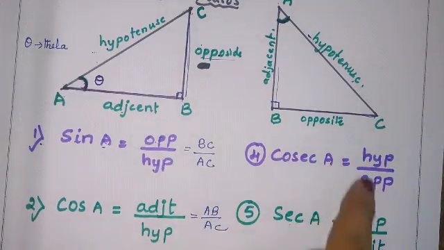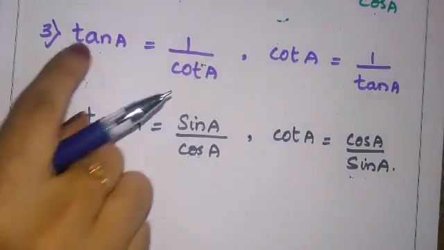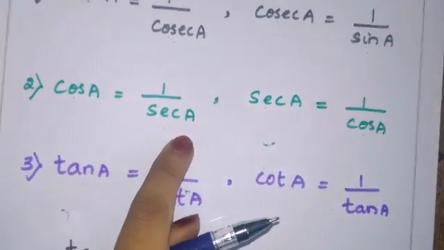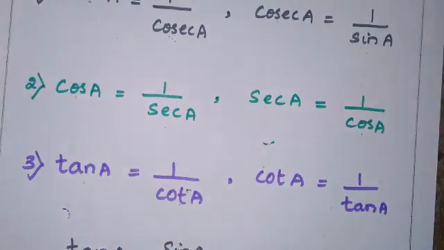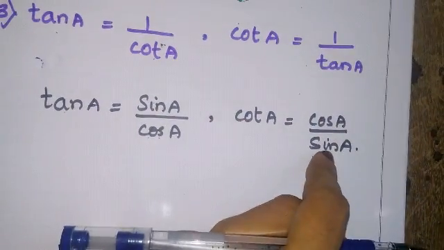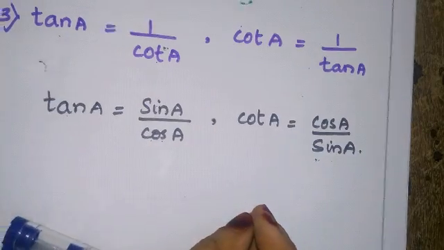Cosec means which side upon which side, you should know well. Then what is the reciprocal ratio of cos A? That is nothing but 1 upon sec A. The reciprocal ratio of cosec A is 1 upon sin A. Similarly, the reciprocal ratio of cot A is cos upon sin. You should understand this well.